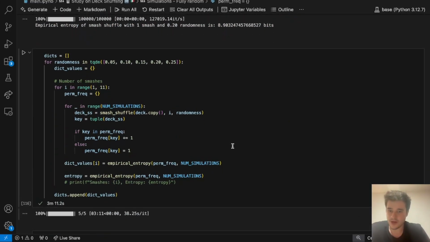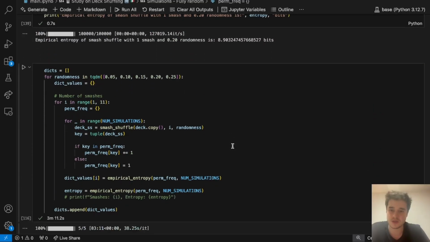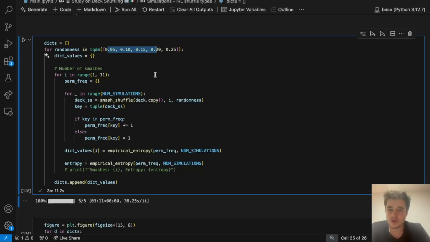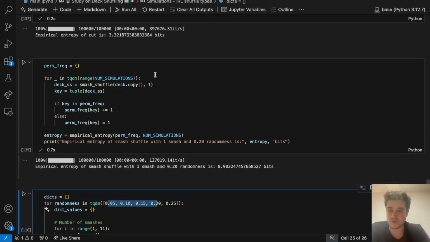So finally, we have the last piece of work, which is we want to simulate on multiple randomness values, and I want to show you a graph of that. So here it's 20%, but below you'll see that we have this range. And then we also want to count the number of smashes, right? Because here we just do it once.